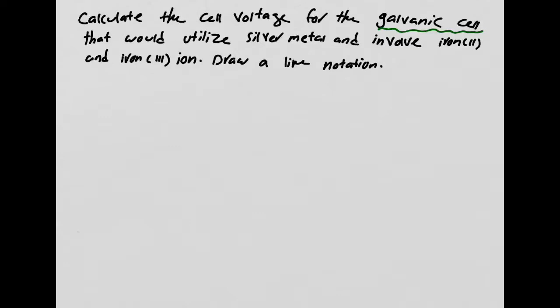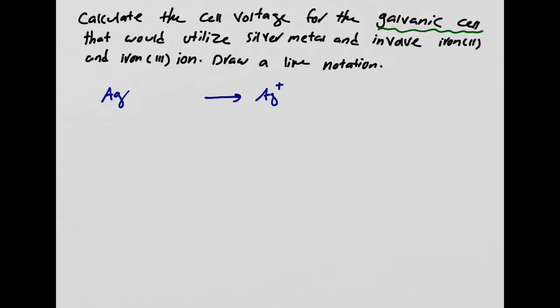So I have a silver metal, which can turn into silver plus 1, and I have Fe plus 2 and then Fe plus 3. There are a few ways we can put this together. We can say that we have silver, and the silver metal can go into silver plus. That's one way we can do this.